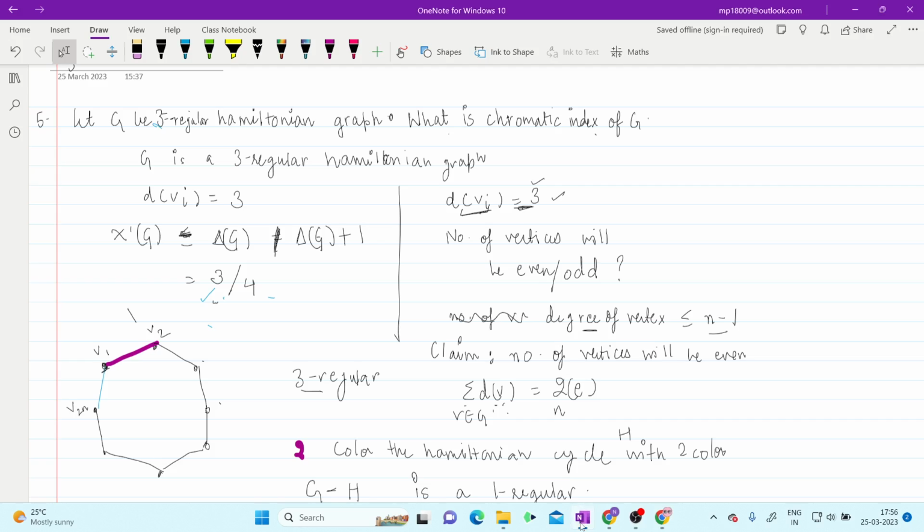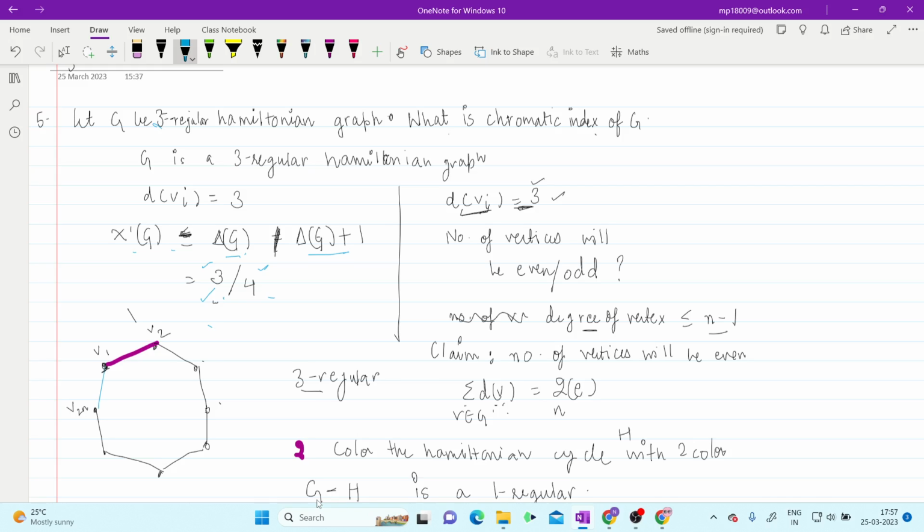Okay, so we know that the chromatic index is either equal to the maximum degree or maximum degree plus 1. And chromatic index is basically the least number of colors required to color the edges. So from this theorem we know that it will be either 3 or 4.